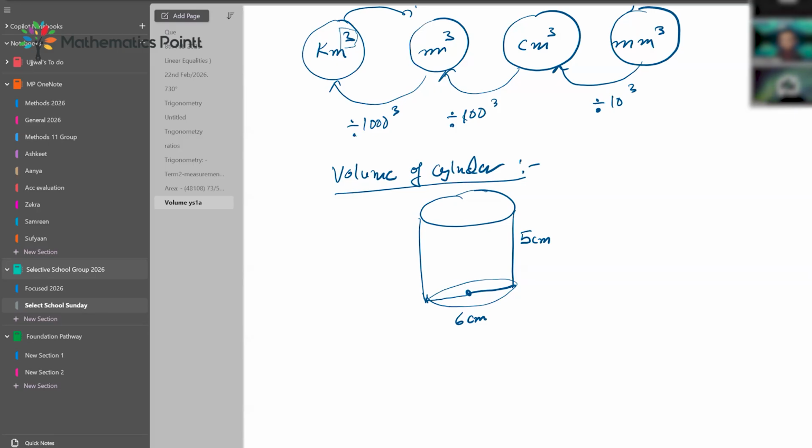Area of the base times its height. I'm waiting for more answers. There are around 35, 40 people in here. Just answer once. That's it. One answer is fine.